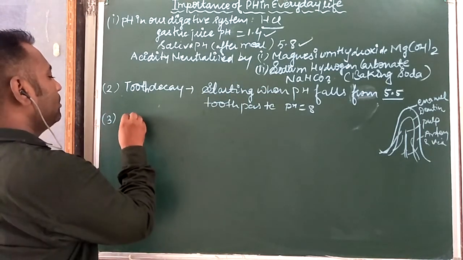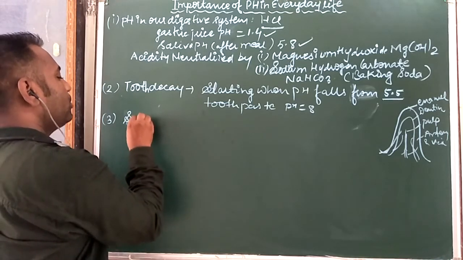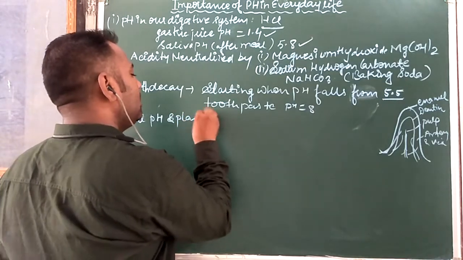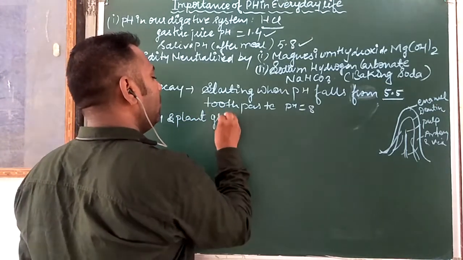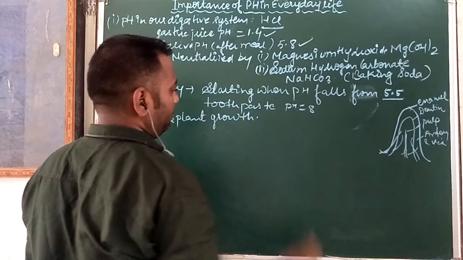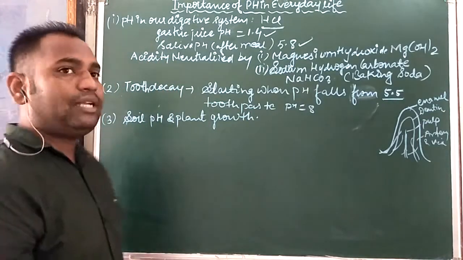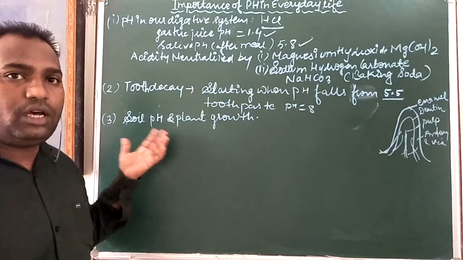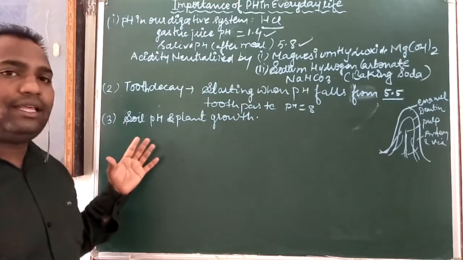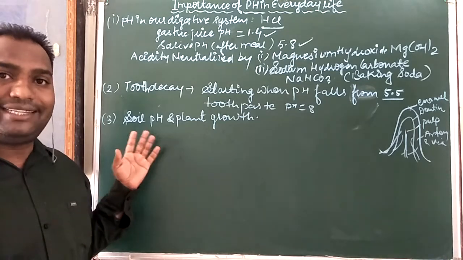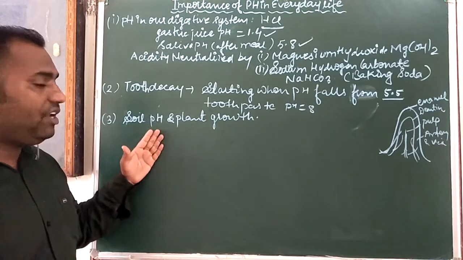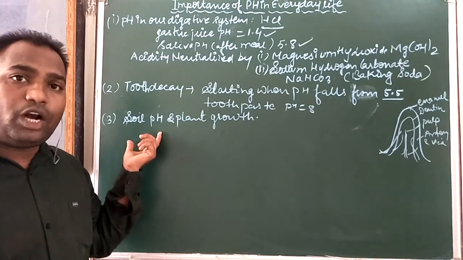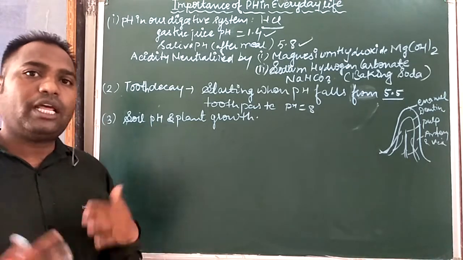The third one is soil pH and plant growth. Listen, agricultural productivity sometimes depends only on the soil pH. We have seen many soil labs at district level which diagnose the soil pH and tell what pH of soil is good for what type of agriculture.